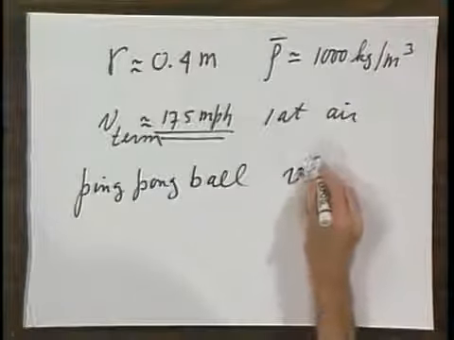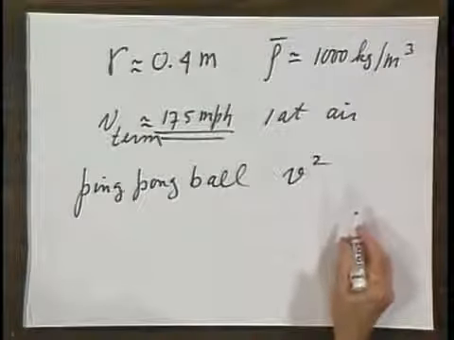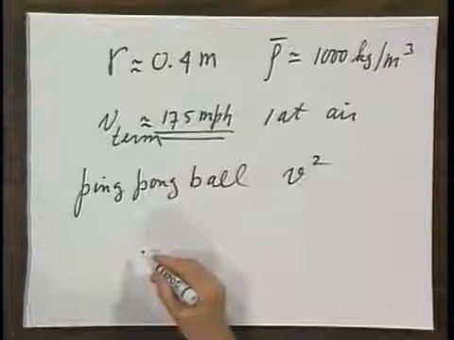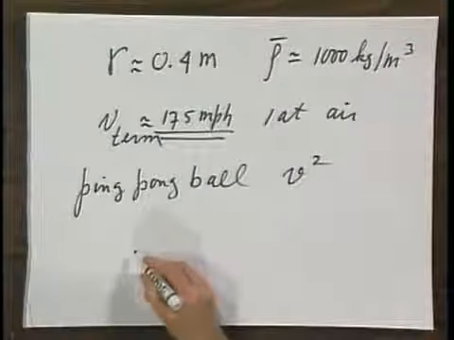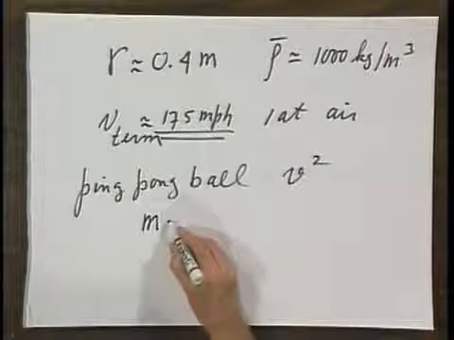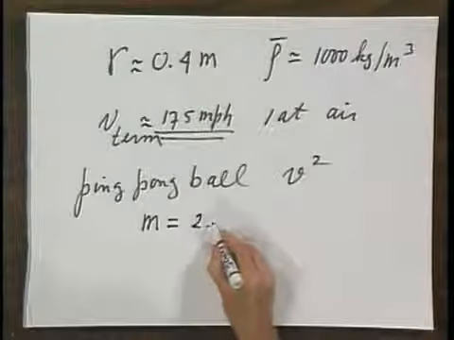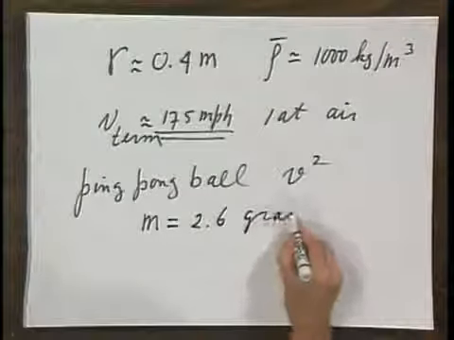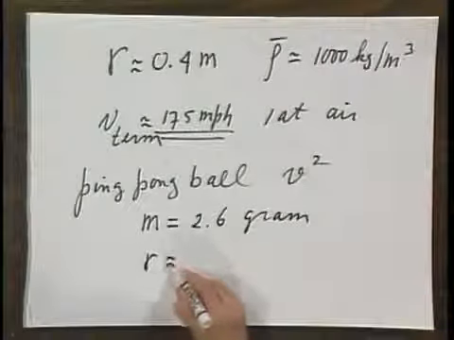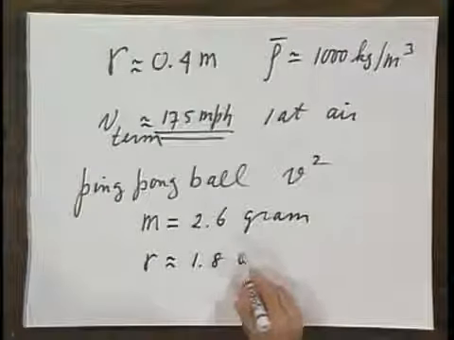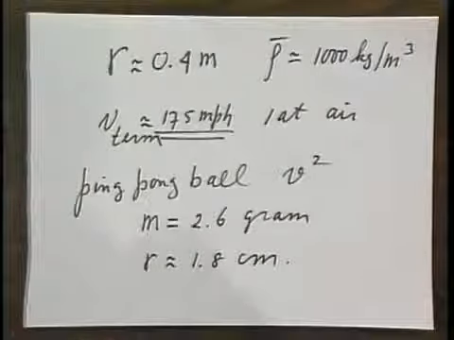The v squared term will certainly dominate in air at 1 atmosphere, and the mass of the ping pong ball is 2.6 grams, and the radius is about 1.8 centimeters. And you will find that it's a very modest speed.